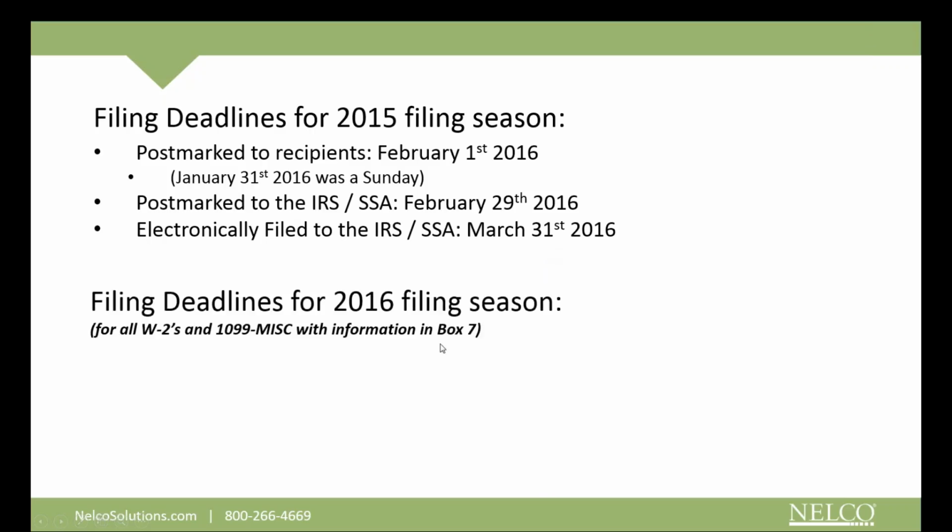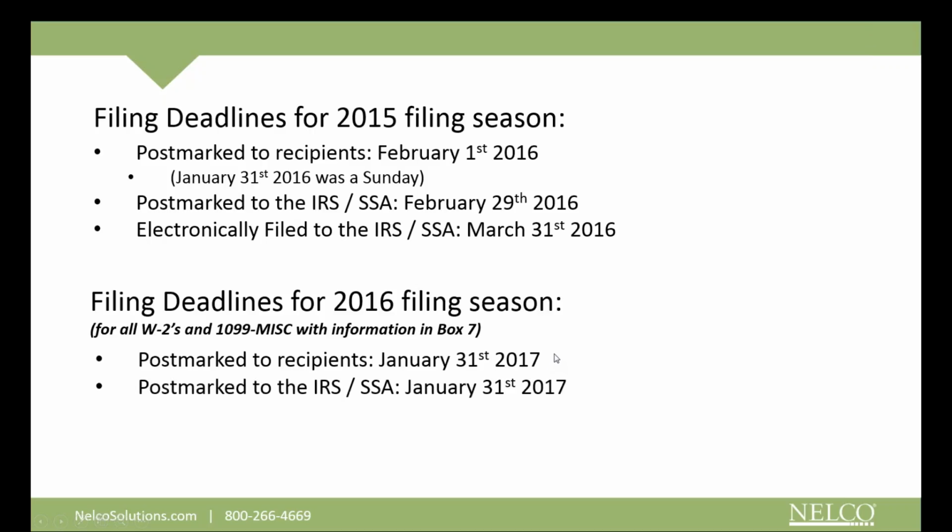However, this year they did make a change. For any W-2 or 1099 miscellaneous with information in Box 7, and we'll show you Box 7 in just a second, the deadlines did change. It still needs to be postmarked to your recipients by January 31st. However, if you're mailing it to the IRS, it also needs to be postmarked to the IRS by January 31st. And finally, if you're electronically filing to the IRS, it also needs to be filed by January 31st.